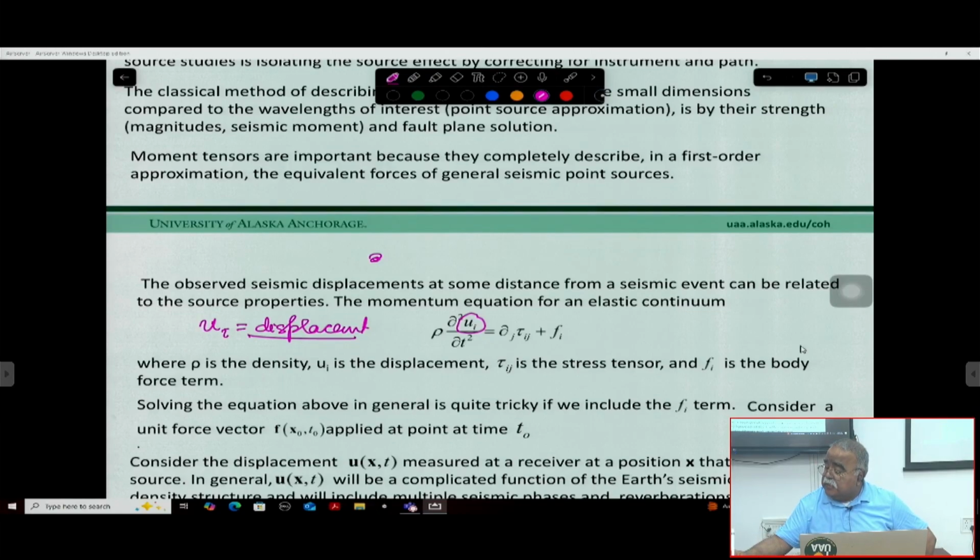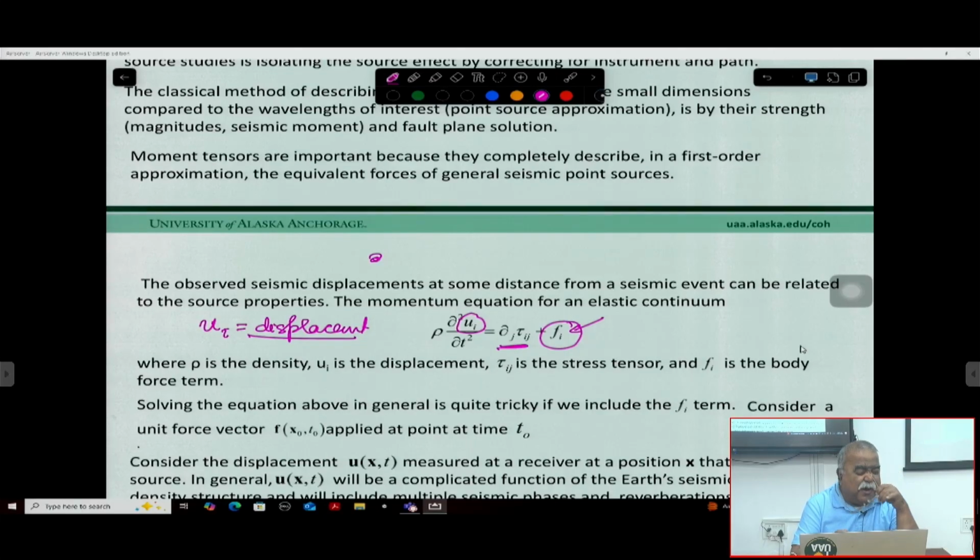Plus, there is a body force which acts during the earthquake. So this is your stress change, and this is your body force. We need to solve these equations, or write an equation which can solve these motions.